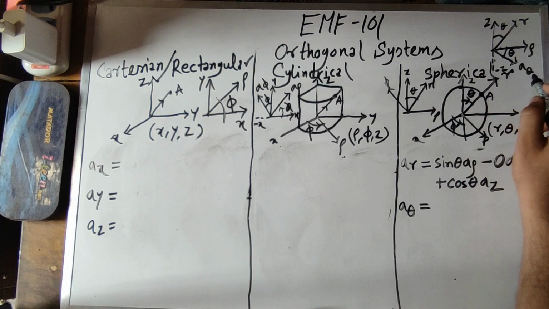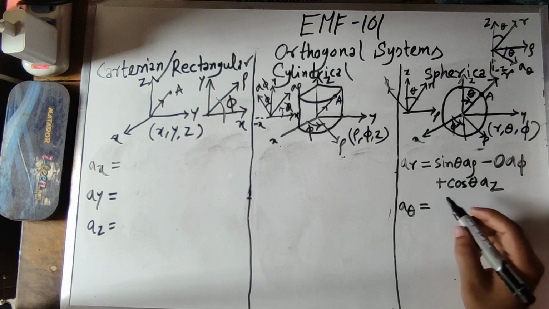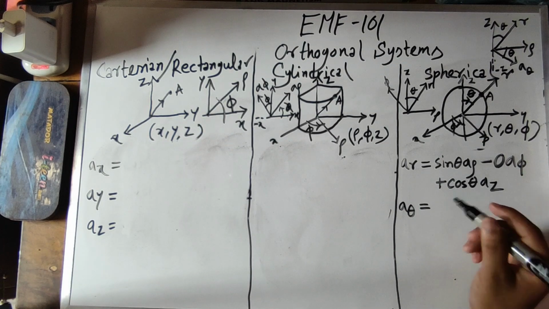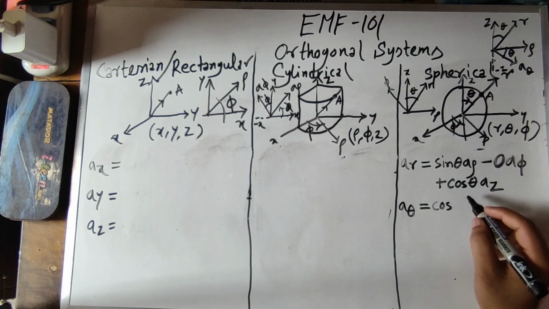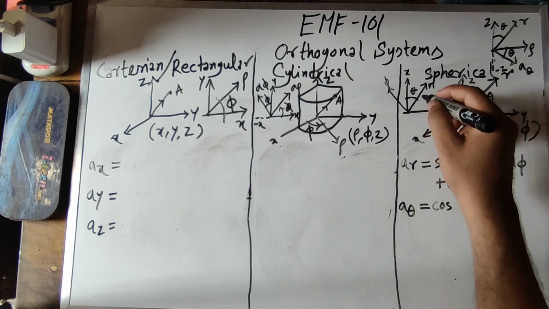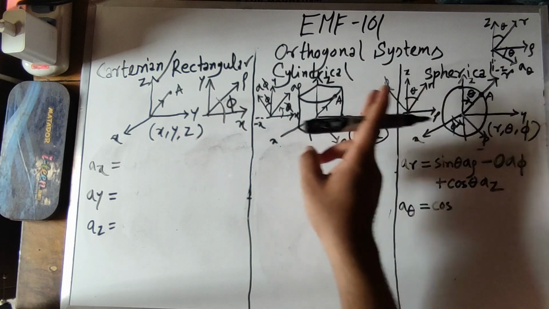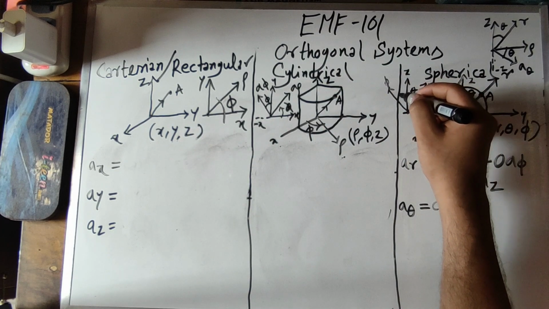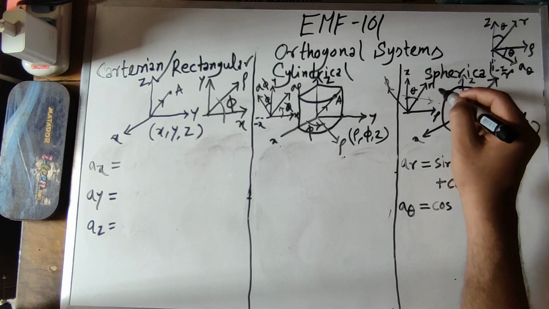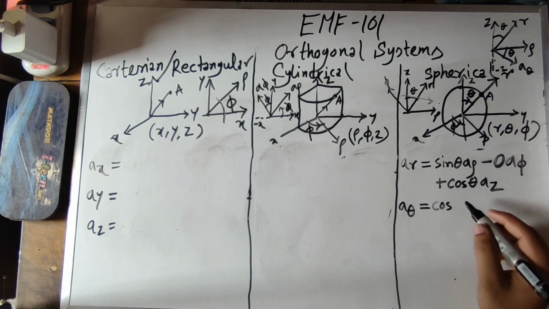So a theta has plus cos theta component in the direction of rho. As theta is an angle, the unit vector will be tangential to the angle, the tangent of the arc.